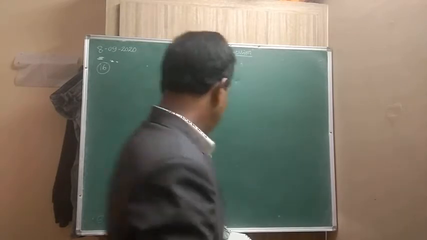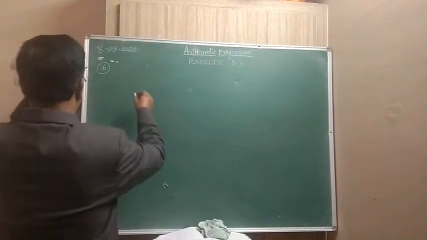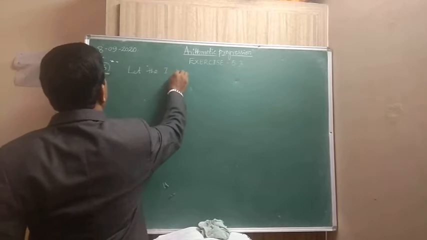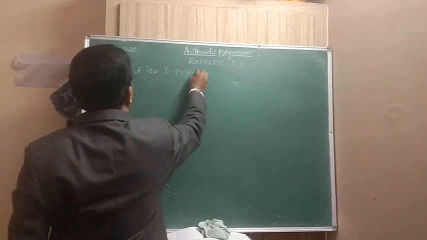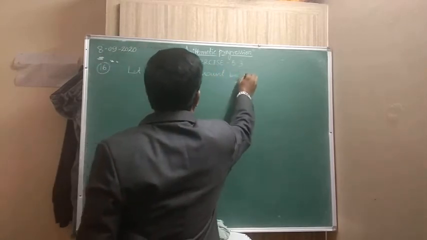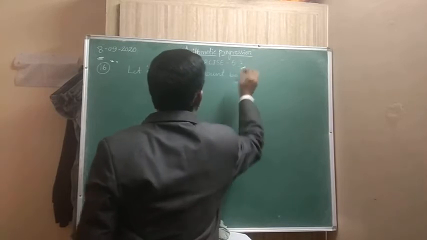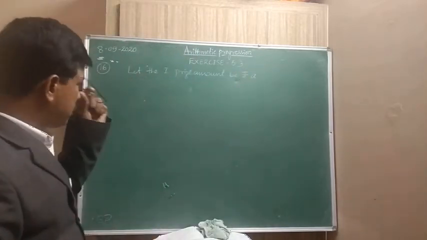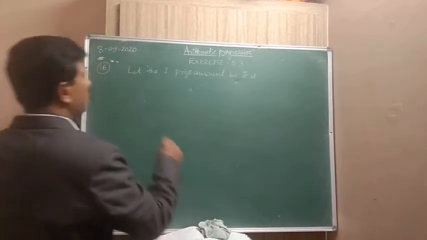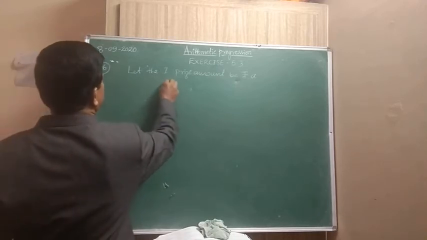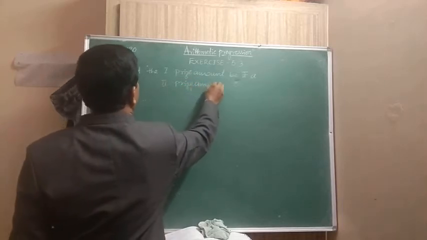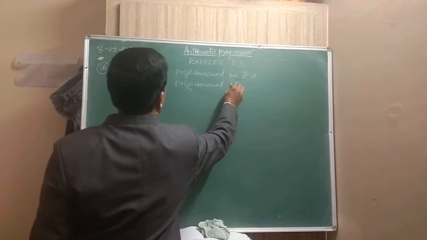Clear? Let the first prize amount be rupees A. Now consider the first prize amount as rupees A. Then what is the second prize? Second prize amount.